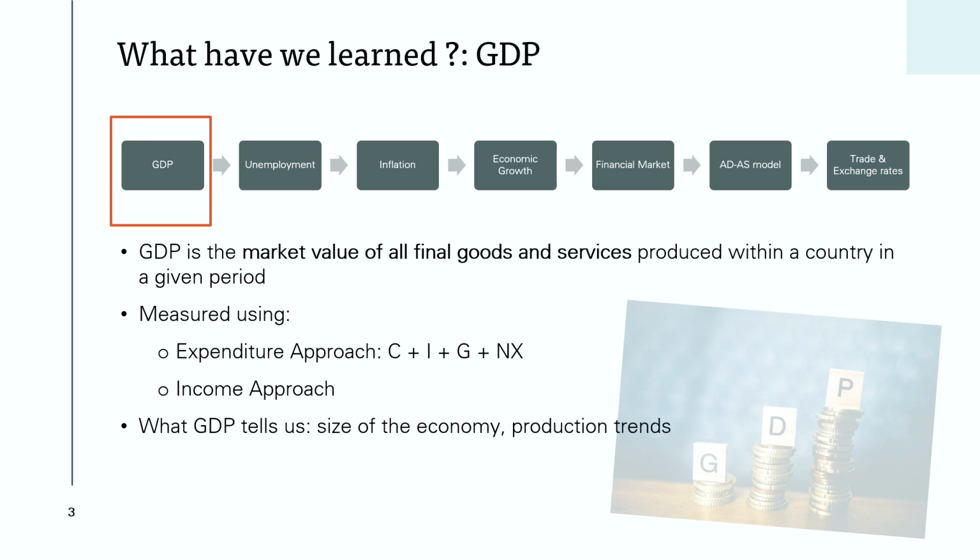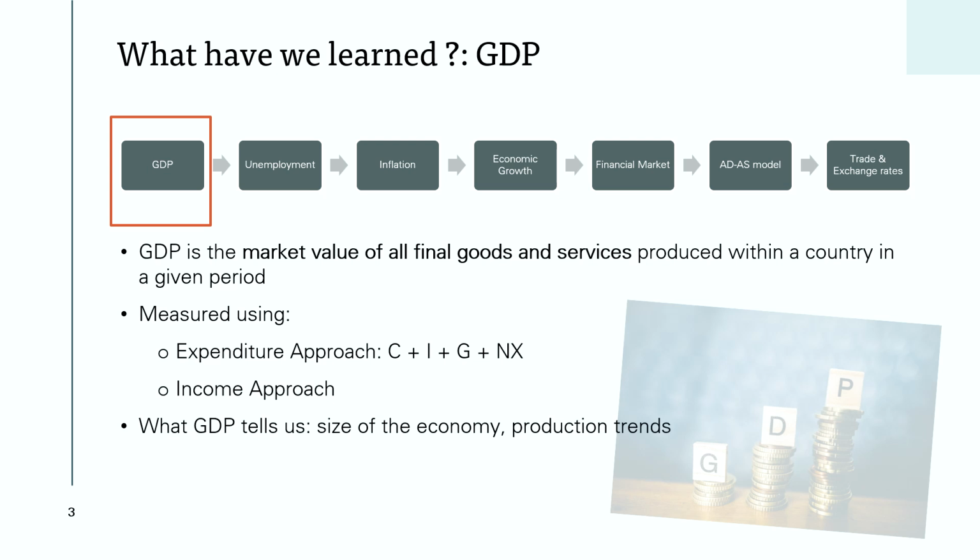So let's start with GDP. GDP measures the market value of all final goods and services produced within a country during a specific period. You learned two major ways to calculate GDP. The expenditure approach adds up consumption, investment, government spending, and net exports.